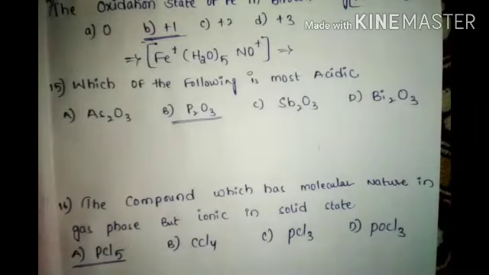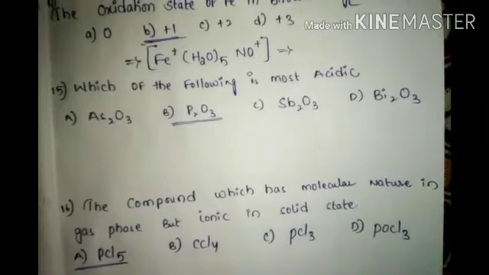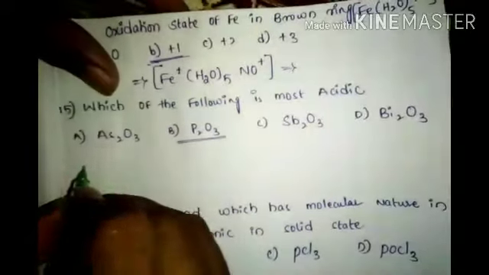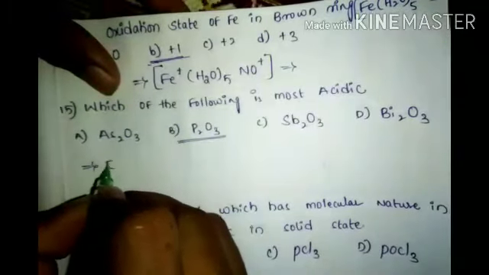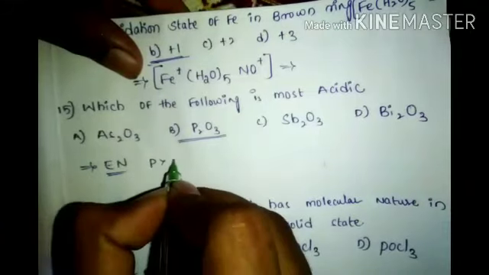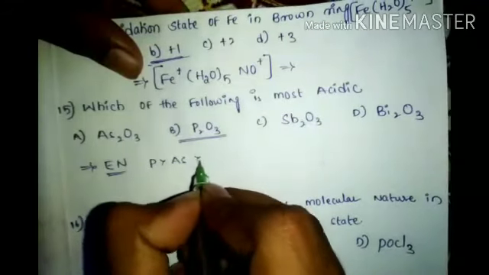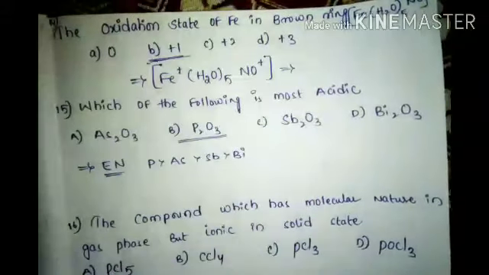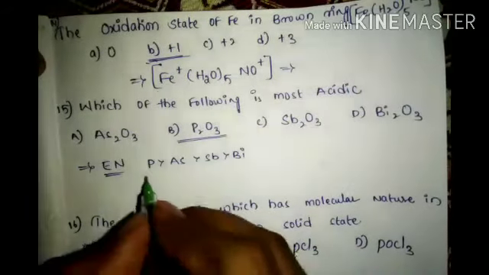Next. Which of the following is most acidic? This acidic character also depends upon electronegativity. So phosphorus, arsenic, antimony, bismuth. This is the electronegativity order. So phosphorus is more.